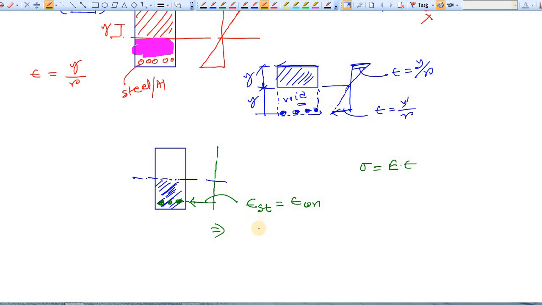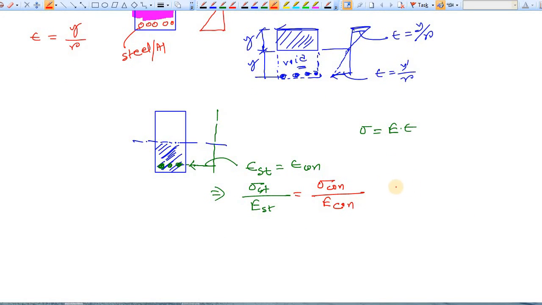So the strain in steel is stress in steel divided by the modulus of elasticity of steel, and the strain in concrete is equal to the stress in concrete divided by the modulus of elasticity of concrete, which can be further reduced to sigma st. So sigma st is equal to sigma concrete times E of steel divided by E of concrete, and this special term is expressed by m.